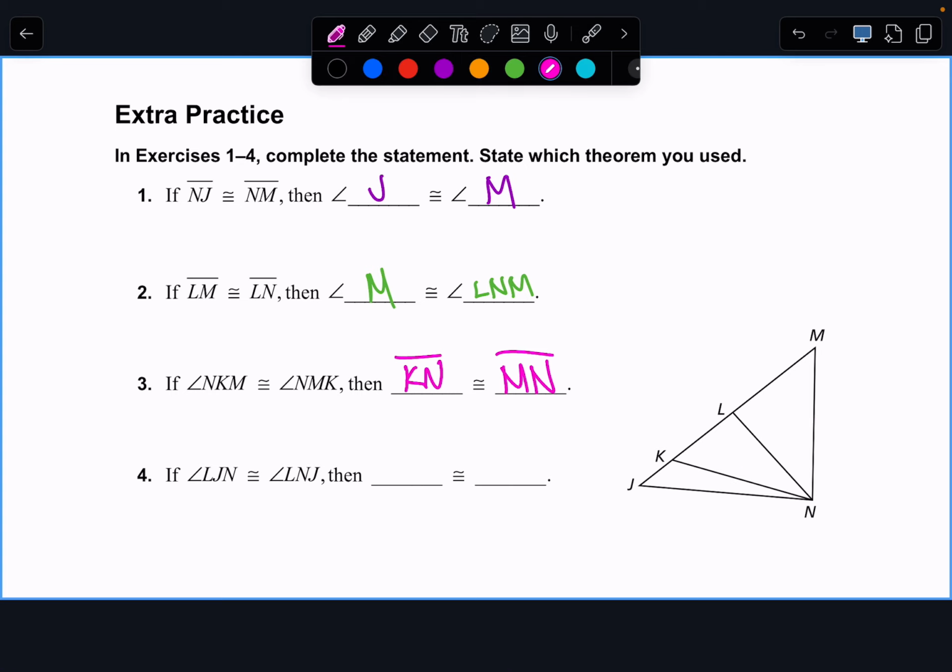And then we have LJN, L. So this angle right here, and L and J. L and this angle right here. Which two sides is this creating congruent? LJ and LN. Yeah. Because we just go right across. Boom.